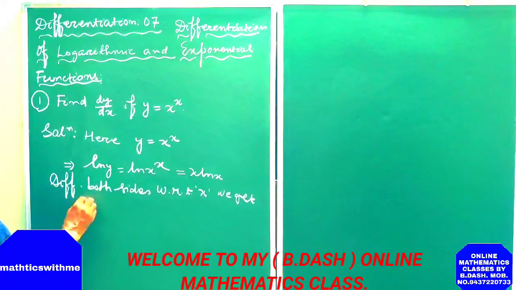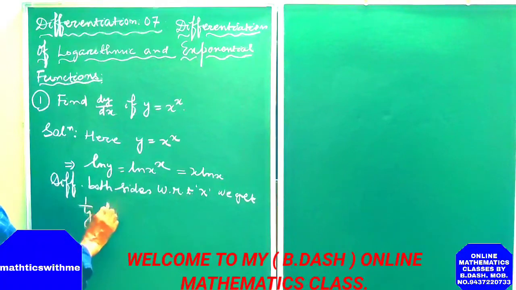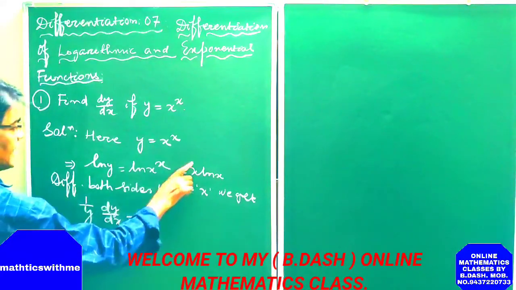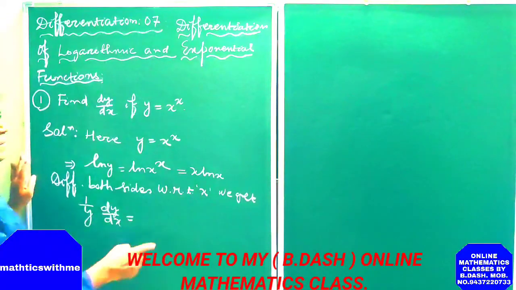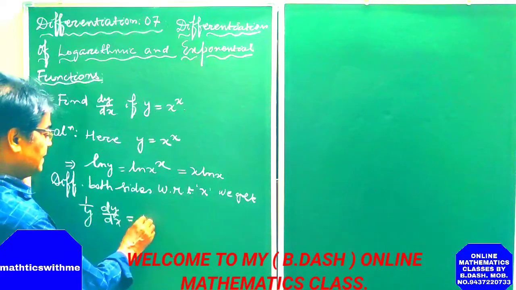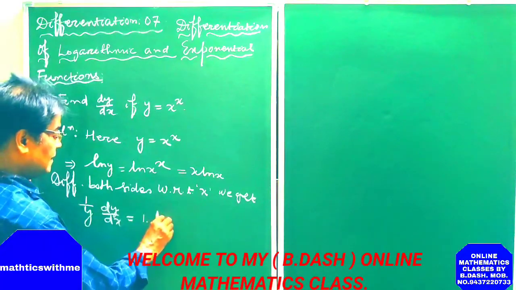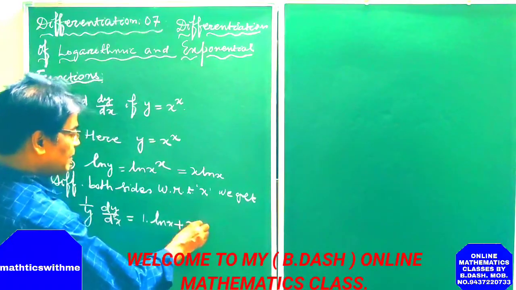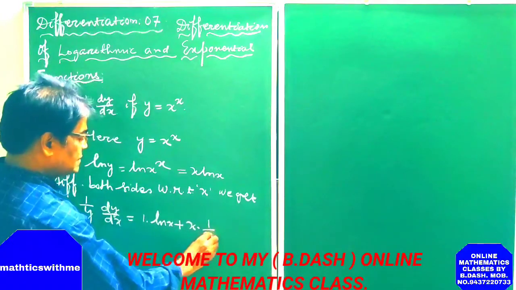Differentiating both sides with respect to x, we get the derivative of ln y is 1 by y dy by dx. Now we can apply the product formula to find the derivative of x ln x. Derivative of x is 1, times ln x, plus x times the derivative of ln x, which is 1 by x.